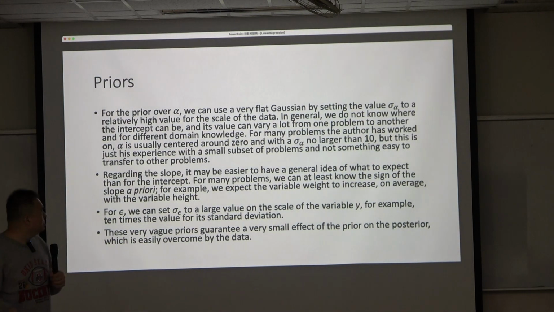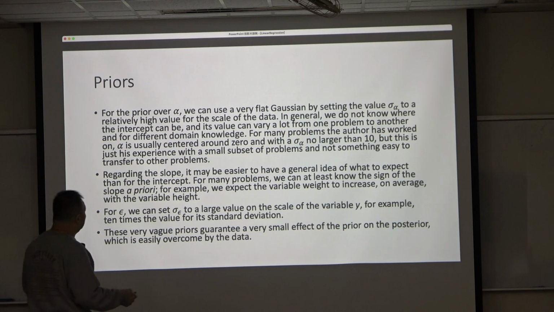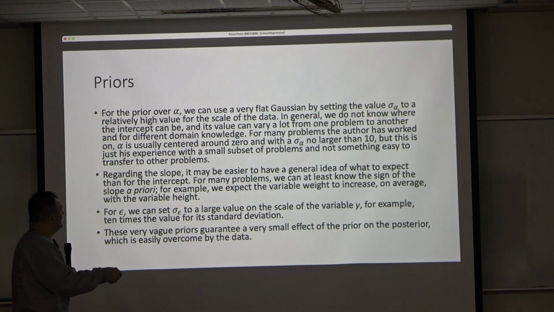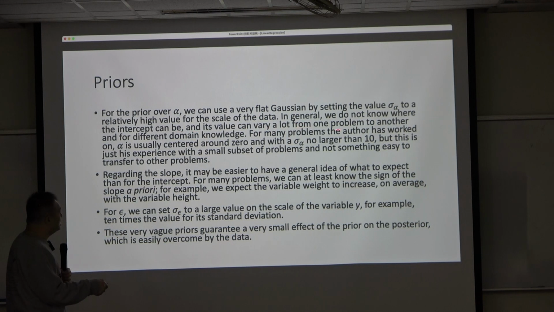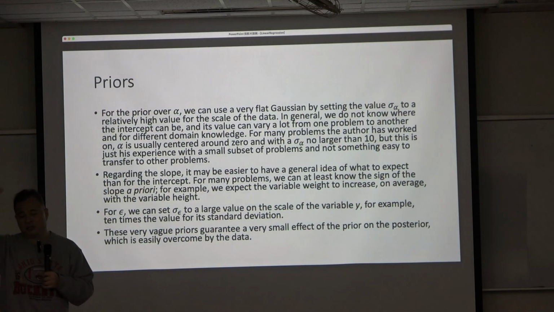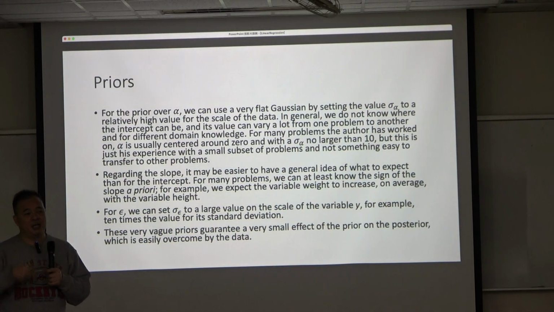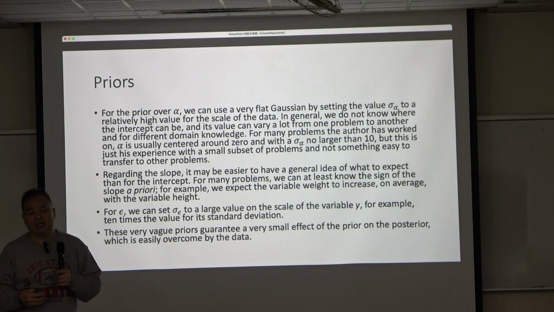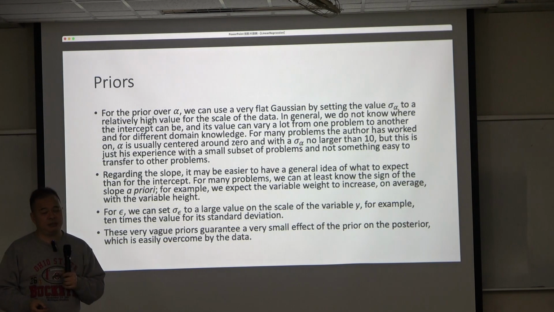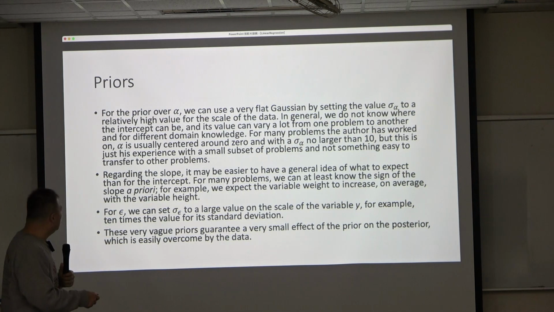So that's a possibility. But in general, we do not know where the intercept can be, so its value can vary a lot. For the intercept, we really have no idea, because it could be positive, could be negative. Even for a given problem, you don't know about that.